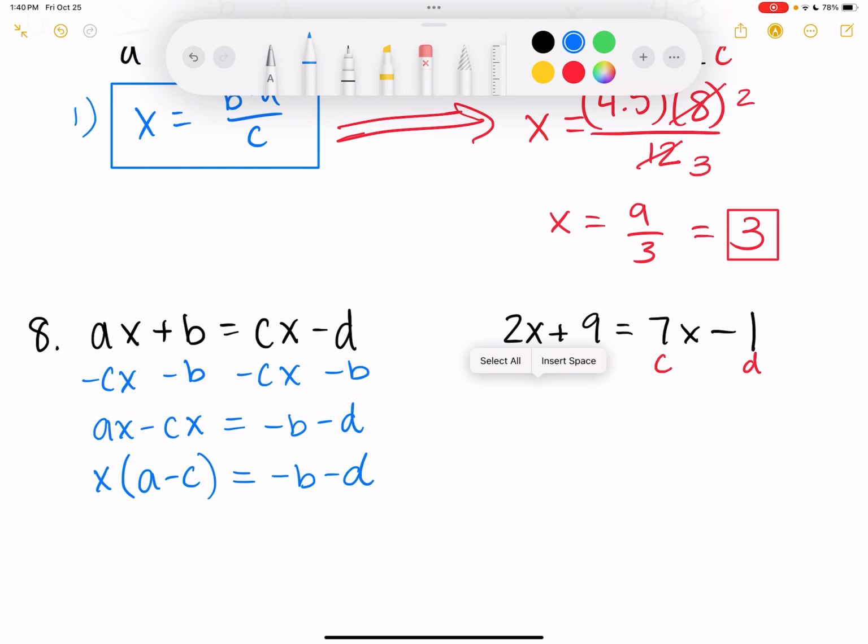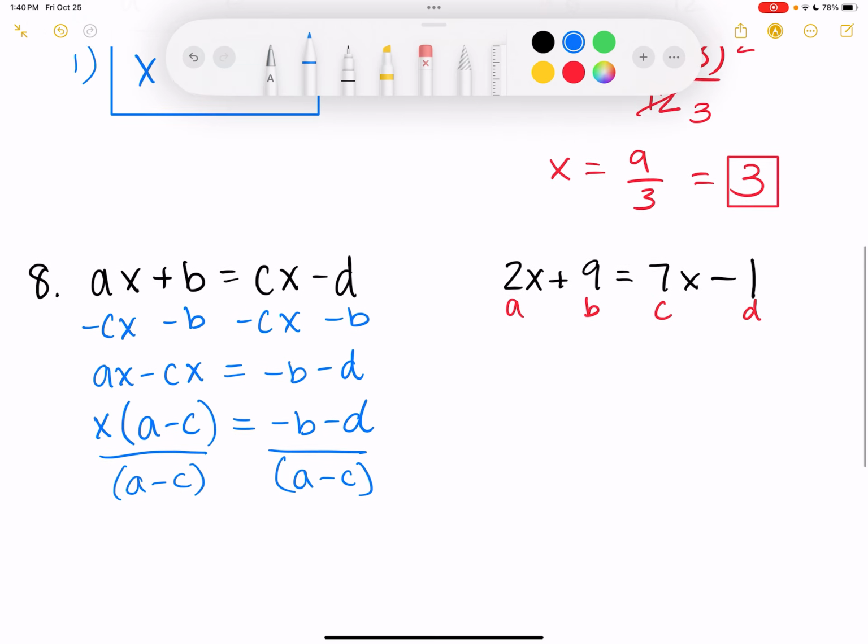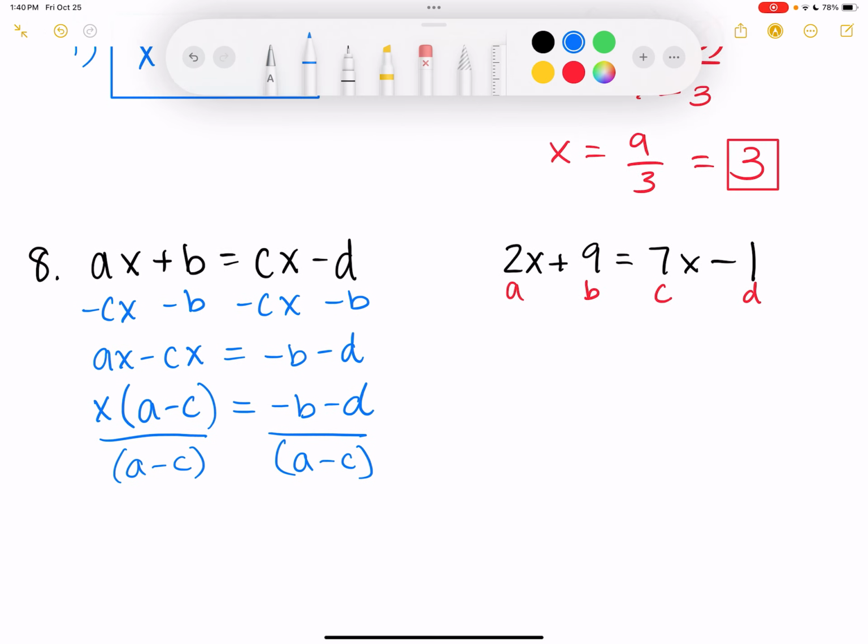Now I need to divide both sides by A minus C. And so x equals negative B minus D over A minus C. Now, if you had moved your x's to the right and your numbers to the left, you would end up with a slightly different answer on this part, okay?